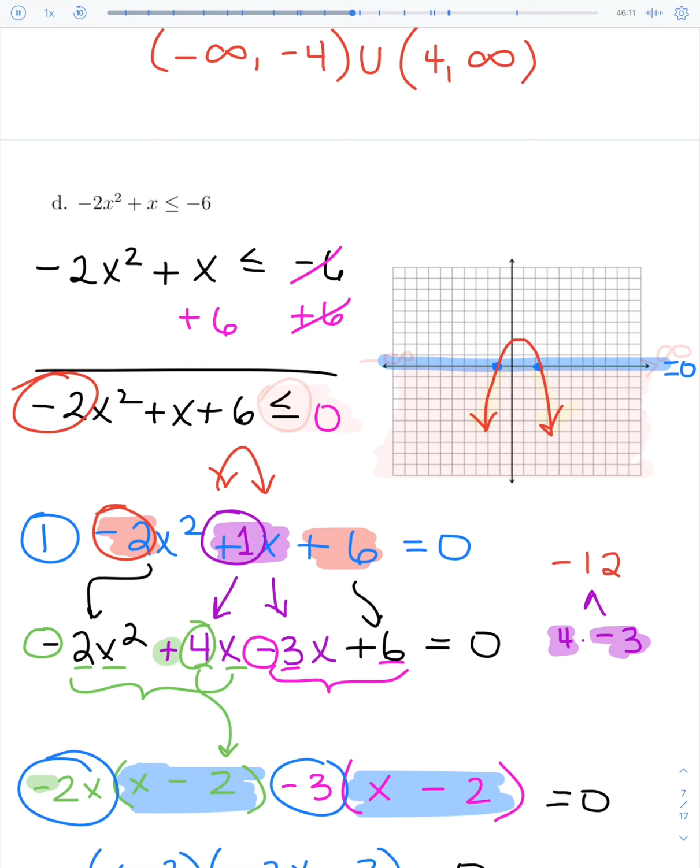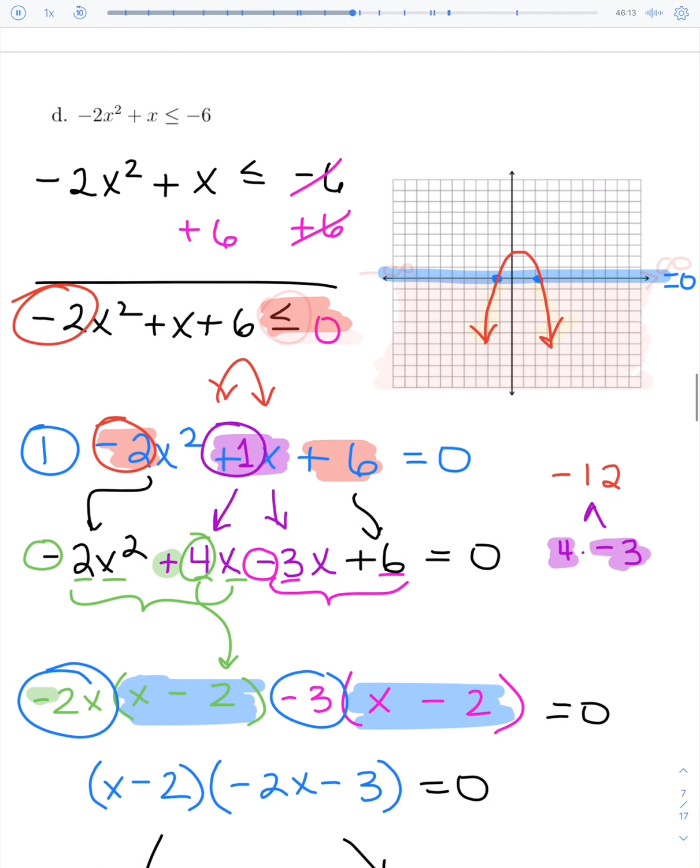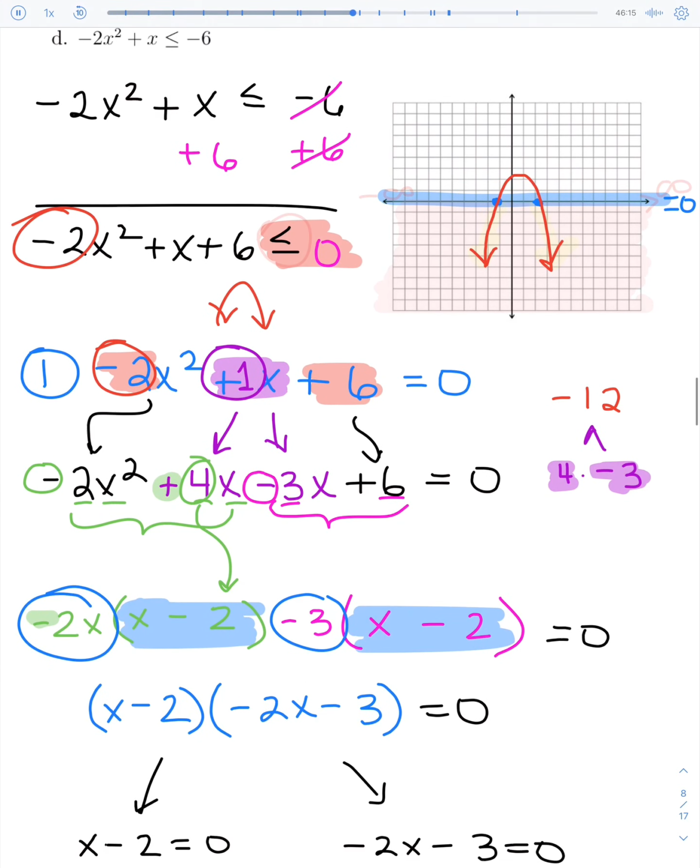We wanted to know when this thing is less than or equal to 0, meaning when is it below the x-axis. Well, notice there are two pieces that are below the x-axis. There's this piece, and then there's this piece.